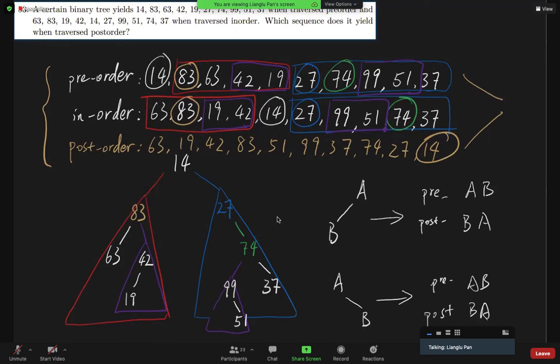This means that if we only are given pre-order and post-order traversal sequences of a tree, it may not be possible for us to reconstruct the original tree. But if you have in-order traversal sequence together with one of pre-order or post-order traversal sequence, then it must be possible for us to reconstruct the tree. All right, I think that's pretty much for question 53.